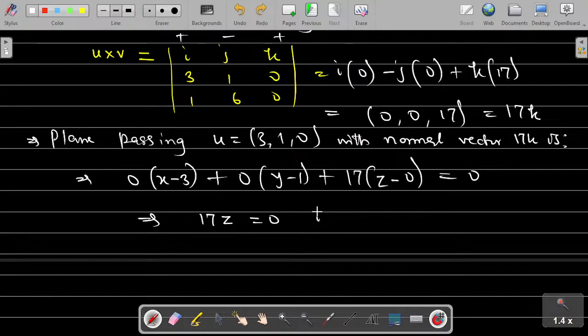So I can write it this way: this implies that 17z equal to 0 is the equation of the plane.